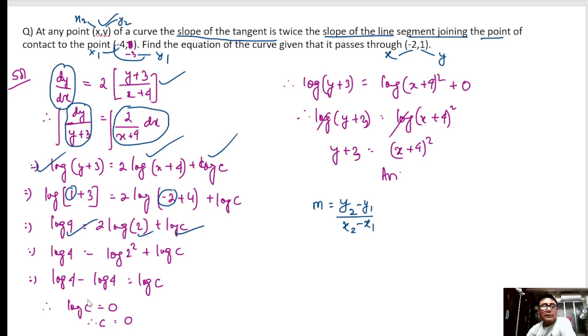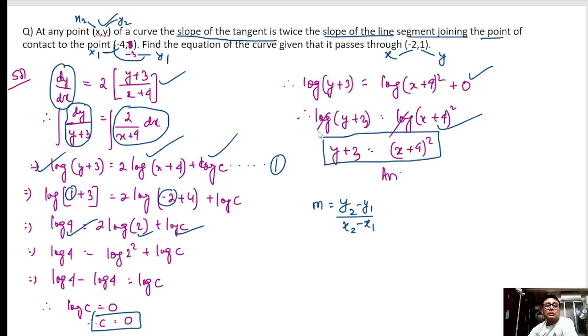From here we get the value of c, which is 0. And now putting it in equation number 1, we get this is the solution. Cancelling the log from both sides, this is our ultimate solution.